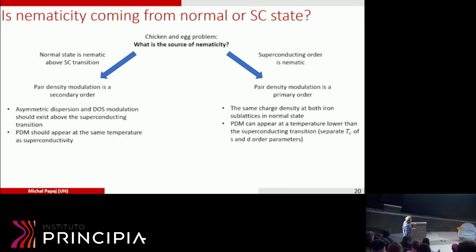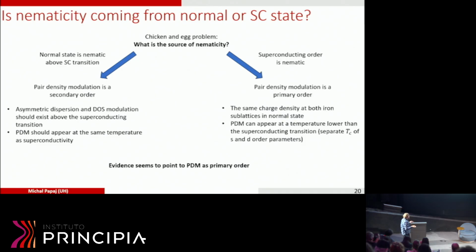Whereas in the other case, if we have the same charge density at both iron sublattices in the normal state, and if this theory is correct, then this modulation could appear at a different Tc than the superconducting gap appears at.